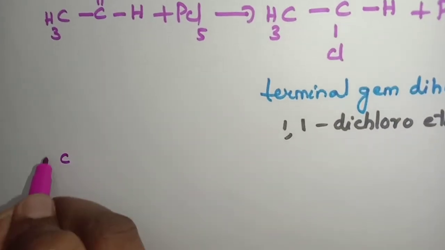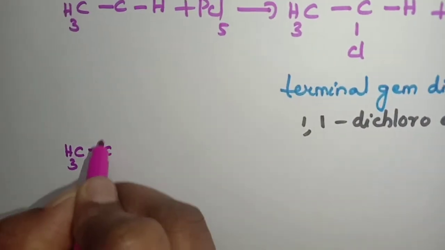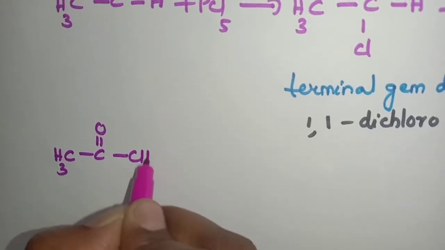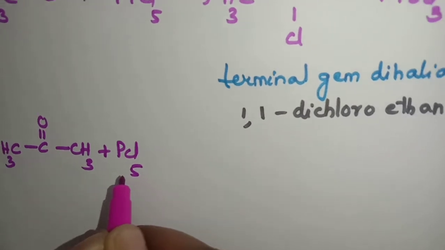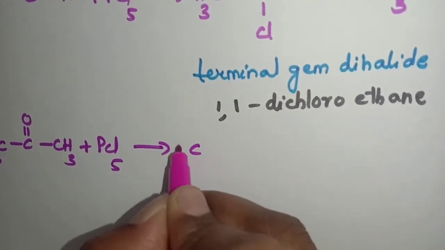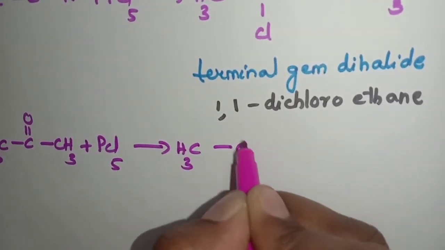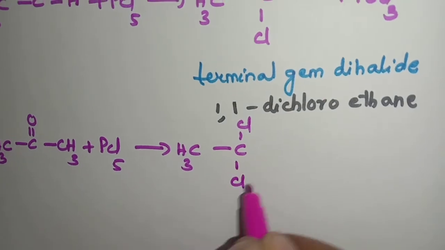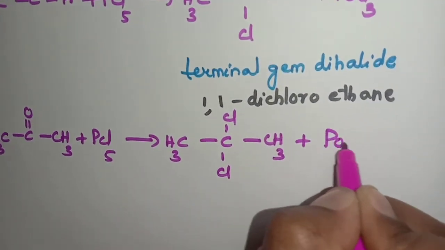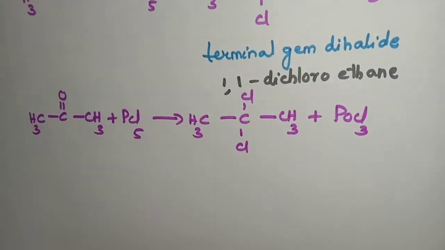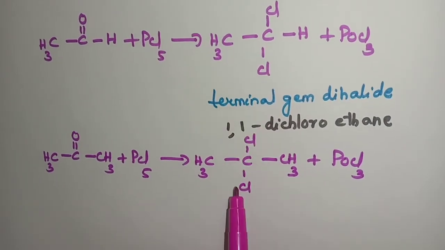Now let us write for ketones. Example, CH3 C double bond O CH3 plus PCl5 gives rise to CH3 CCl2 CH3 plus POCl3. Notice the difference between this one and this one.